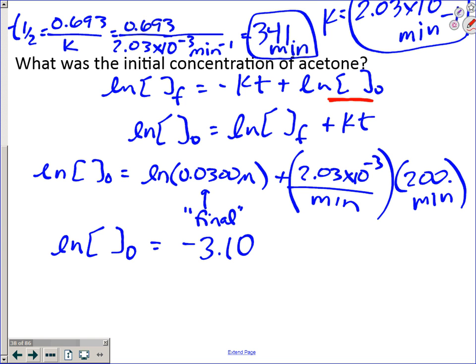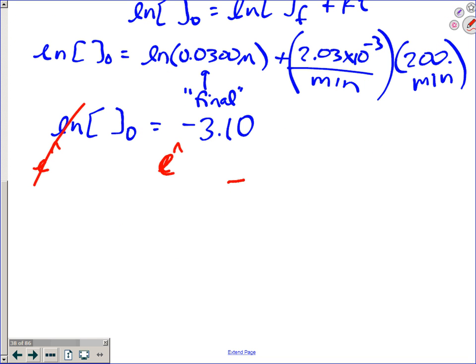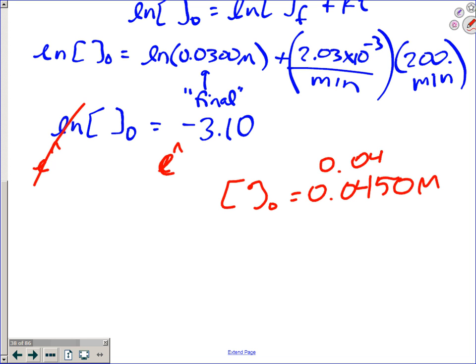So the opposite of natural log is e. e to that will cancel out ln, and e to that will be what? 0.0447. So I'm going to round that. That concentration will be 0.0450 or 0.0447, something like this. We said 0.044.